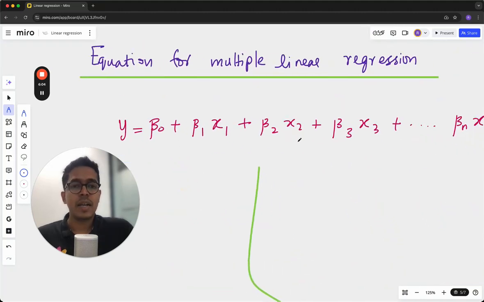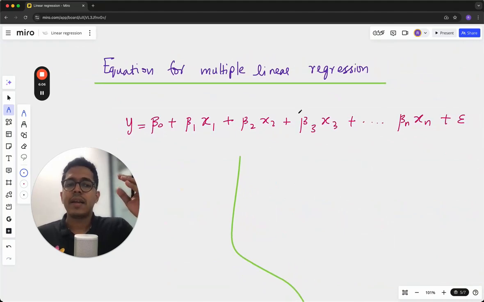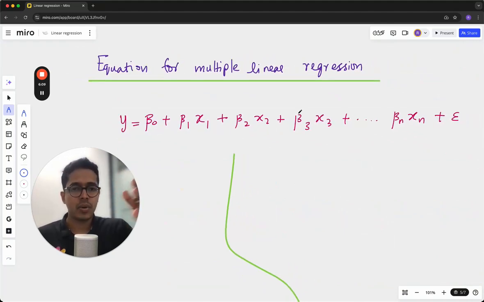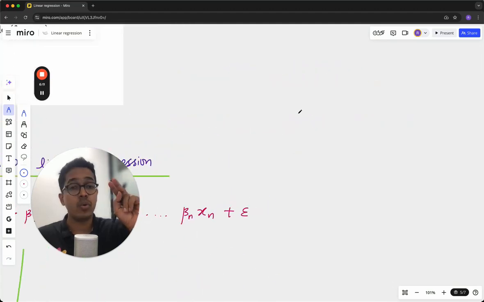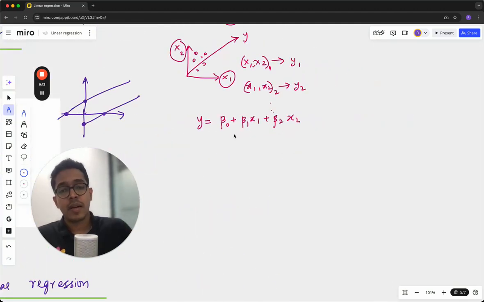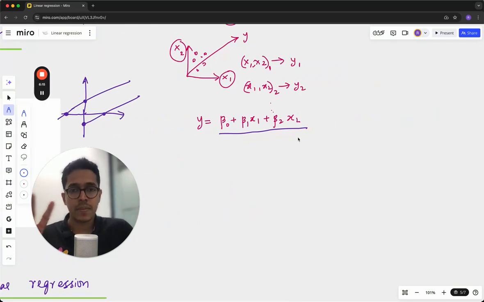And what about multiple linear regression? Multiple linear regression is simply having multiple features. So I showed you the example of having two features. In that case, it's a multiple linear regression with 2 dimensions. So you have beta naught, then beta 1 x1 plus beta 2 x2. You can generalize this to any number of dimensions.